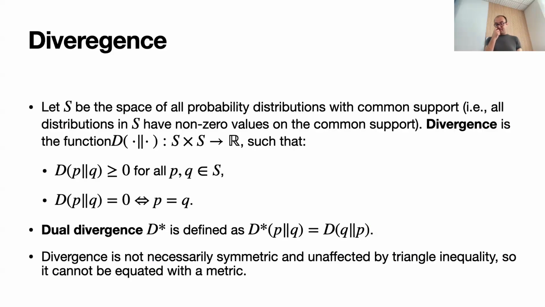The second concept is called divergence. What divergence measures, in probability distributions, is actually trying to calculate, in huge quotation marks, the distance between two probability distributions.